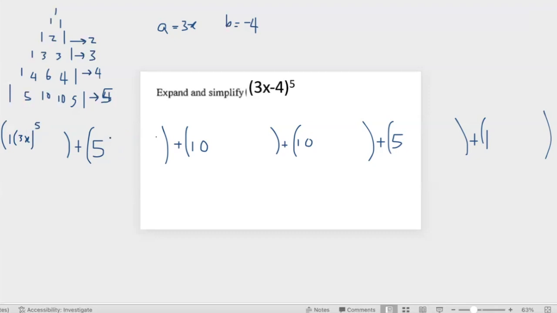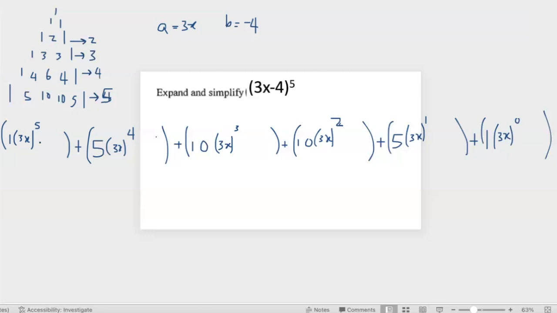Then we have 3x raised to the 4th. Then we have 3x raised to the 3rd. Then we have 3x raised to the 2nd. Then we have 3x raised to the 1. And finally, 3x raised to the 0.